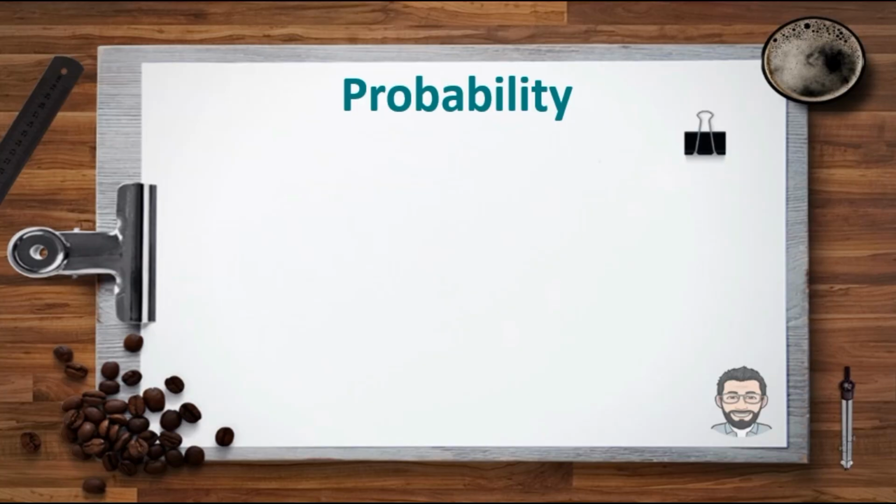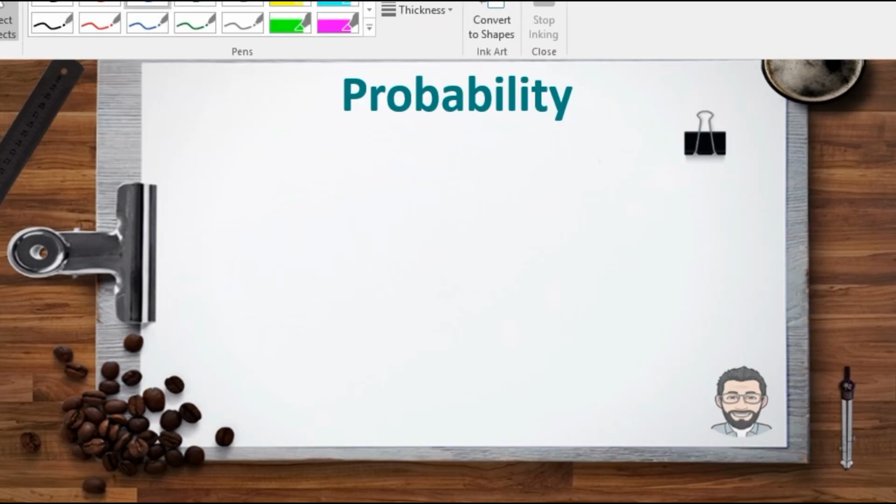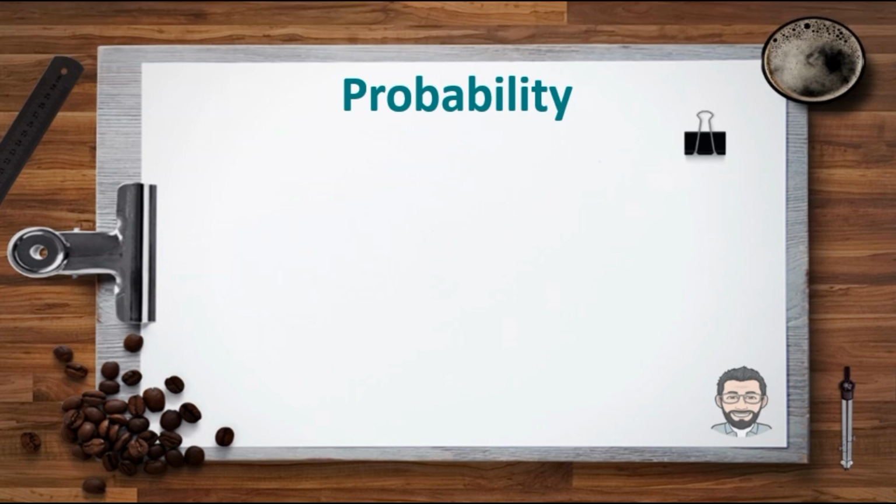Okay, when I ask you what is the meaning of the probability, what are you going to say? It's a measure, so the measure of what? The area? Nope. The volume? Wrong. The length?